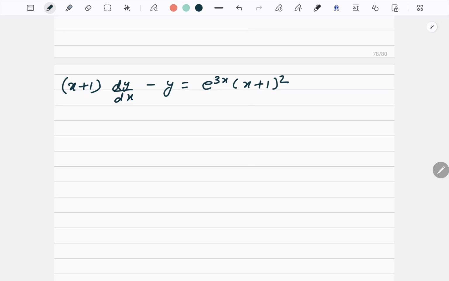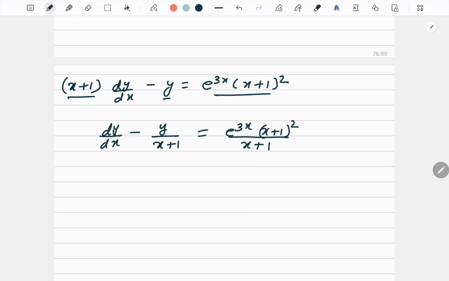Do you have that type of category where dy by dx is there, a single y is there, and all others are functions of x? Like here, only one y is there. Remaining all are functions of x. So divide the whole equation by x plus 1. So dy by dx minus y upon x plus 1 is equal to e to the power 3x, x plus 1 square upon x plus 1.